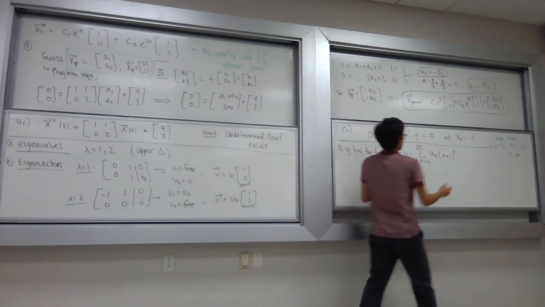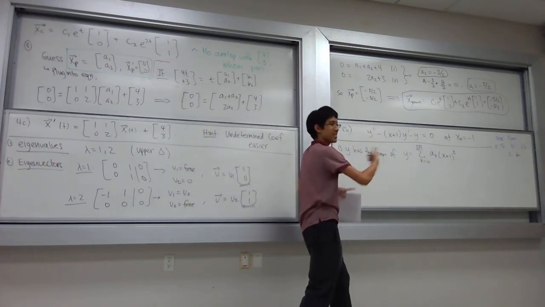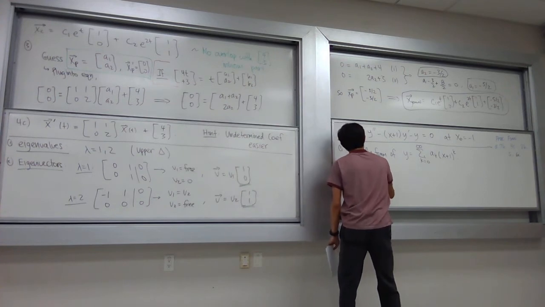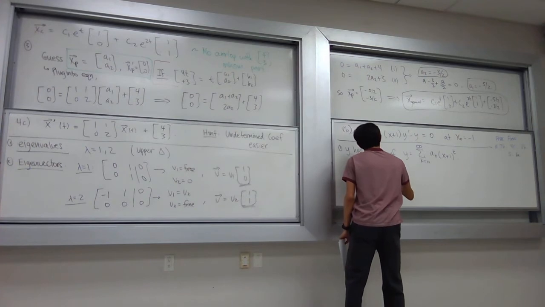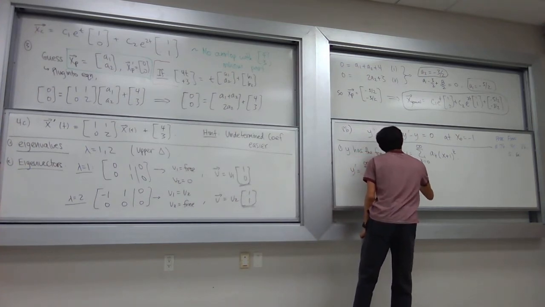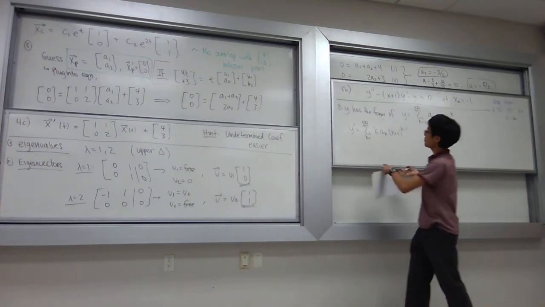Then what do we do with that? We need to plug it in, so we need to take the derivative. So what's y prime? Sum of k a sub k times x plus 1 to the k minus 1. And what does k start at? 1.